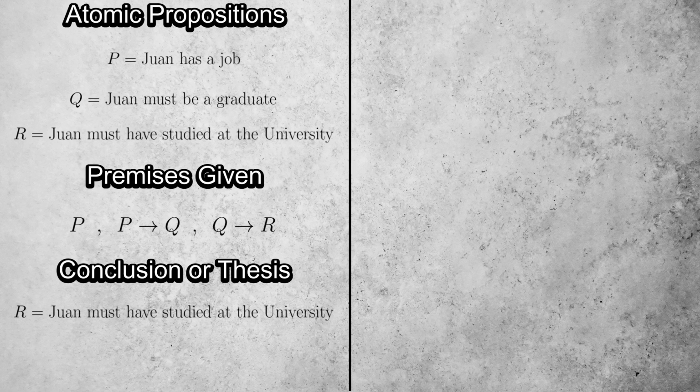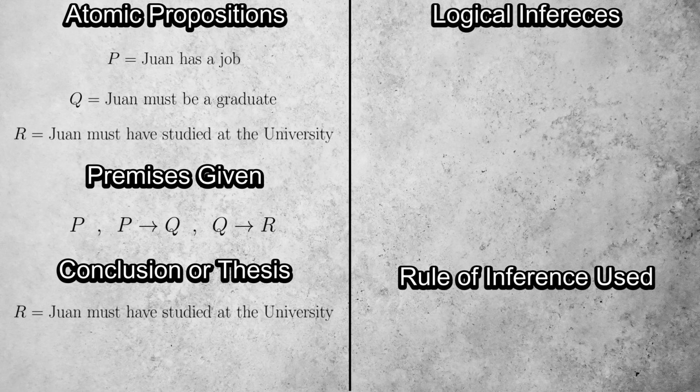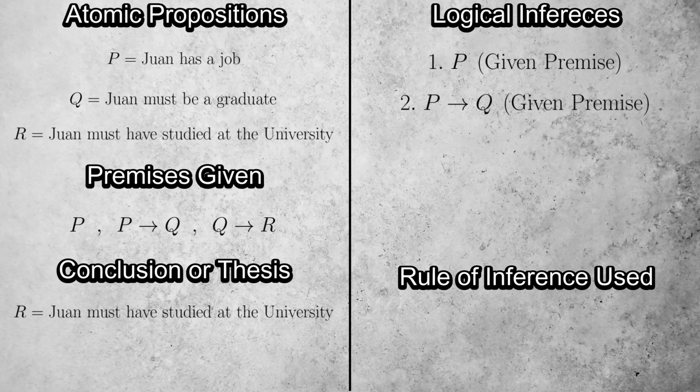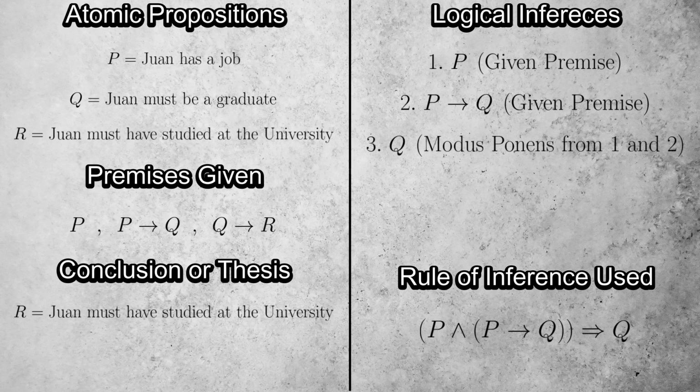In symbolic form, we have that premises are P, P then Q, and Q then R, and we have to conclude R. Now, our first step is that we have premise P. The second one is also a premise, P then Q. Now, from the first one and the second, by using modus ponens, we can logically conclude Q. Remember that modus ponens establishes that if we have P and P then Q, we can logically conclude Q.